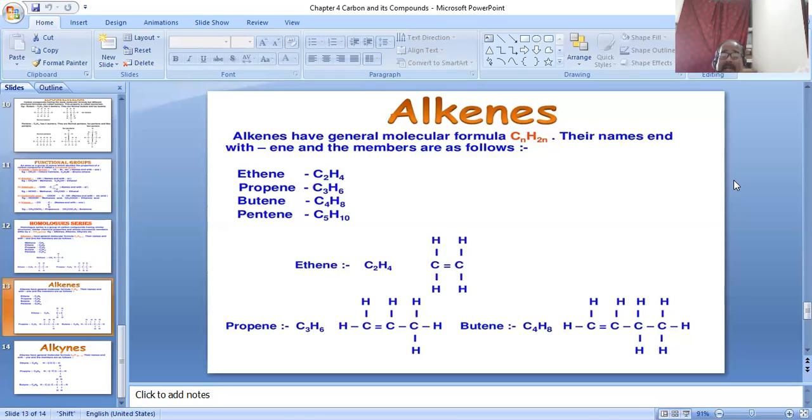In one step the alkyne converts to alkene: C2H2 in the presence of nickel reacts with hydrogen, two hydrogen atoms are added to C2H2, and C2H4, ethene, is formed. Again, in the presence of nickel, C2H4 reacts with H2 and converts to C2H6, ethane.